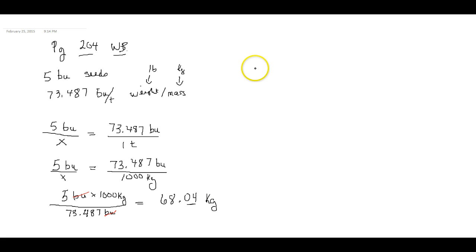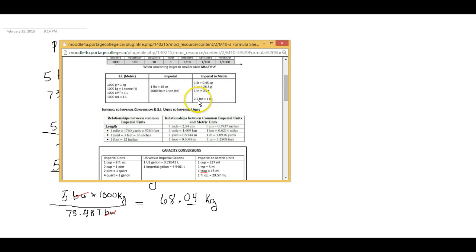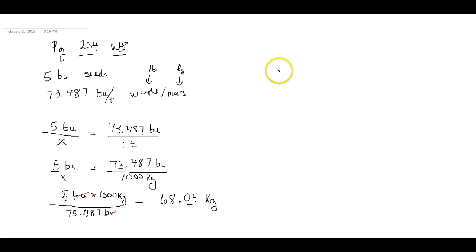Part B asks us for it in pounds. Well, again, we go to our formula sheet, and we see that it's 2.2 pounds for each kilogram. So we have 2.2 pounds for 1 kilogram, and we want to know how many pounds we have in 68.04 kilograms.